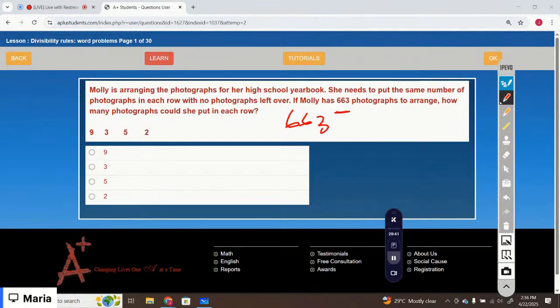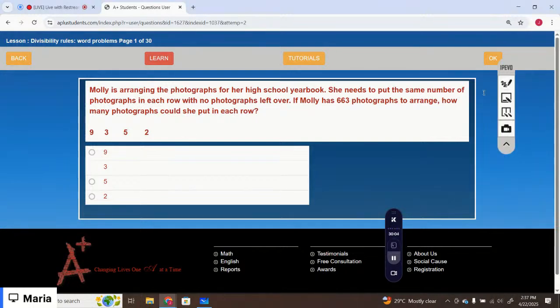So, which number is it? 663 is completely divisible by 3. Option number 2 is the correct option.